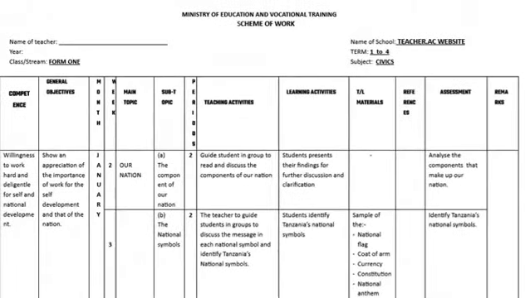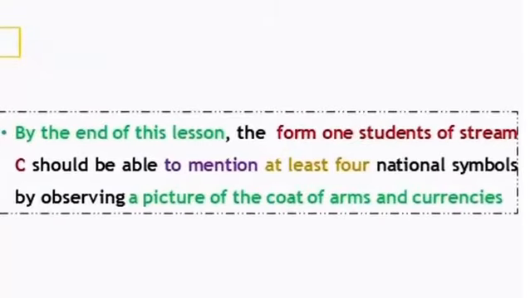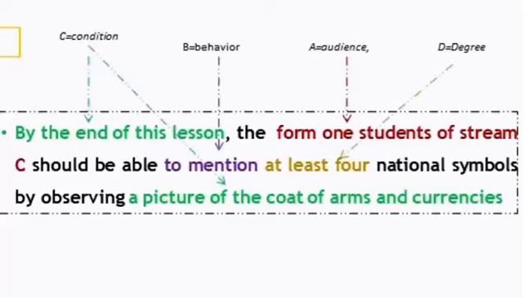With the aid of the ABCD approach, I can prepare a learning objective as: by the end of this lesson, Form 1 students should be able to mention at least 4 national symbols by observing a picture of the coat of arms and the currencies. Break it down into the ABCD elements. We have audience, behavior, condition, and degree.